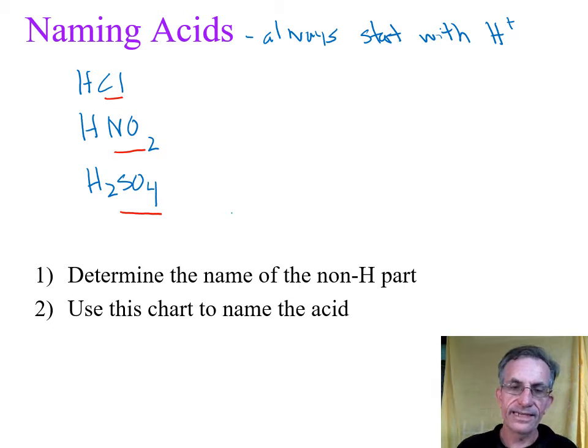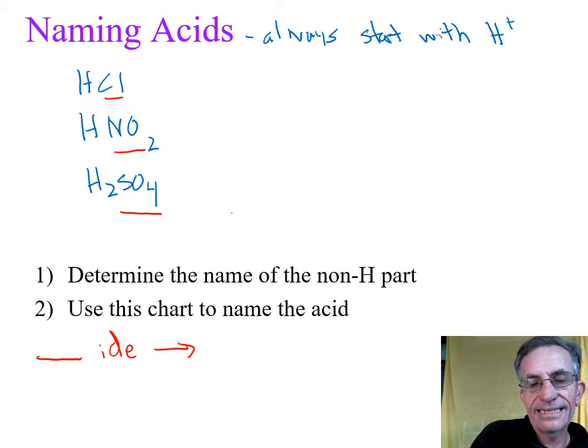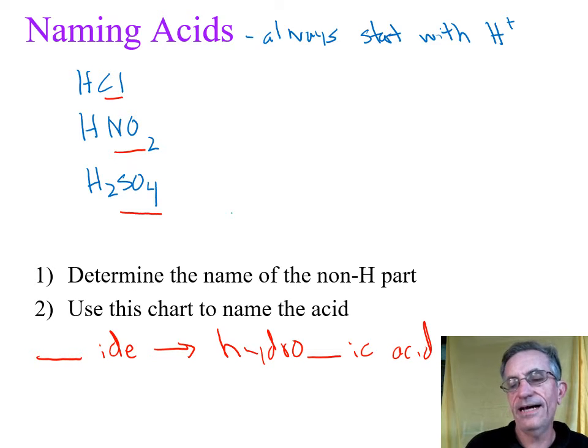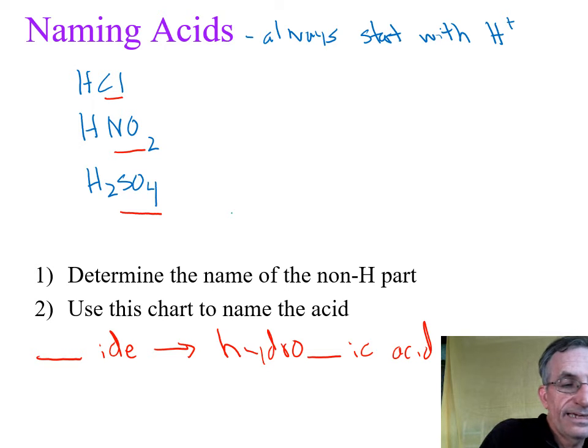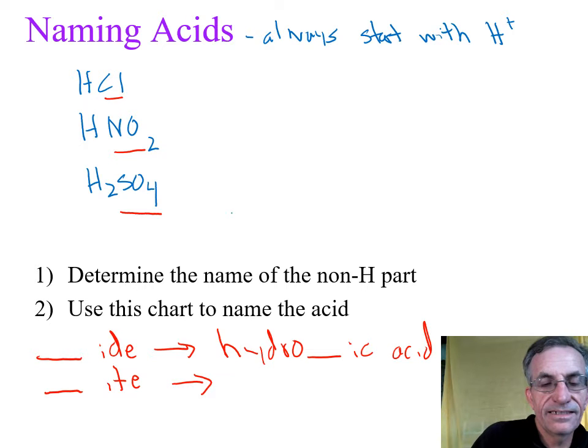So the way it'll work is if the name of the non-hydrogen part, the other thing in the formula, ends in IDE, the acid that contains it will be called a hydro-ic acid. If when you determine the name of the non-hydrogen part you realize that it ends in ITE, that means the acid is going to end in ous.